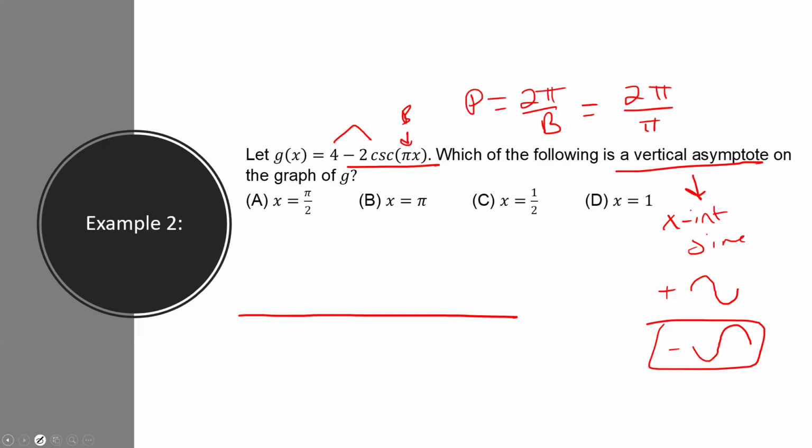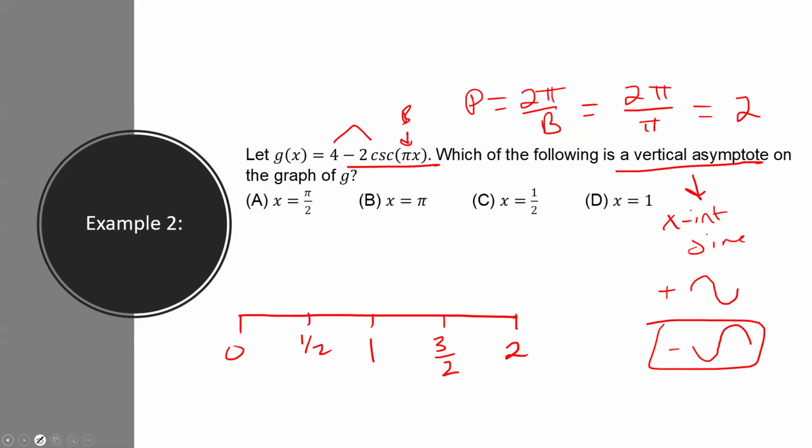So what is our period? 2. Our period is 2. So we're going from 0 to 2. We divide into quarters. What's half of 2? 1. What's half of 1? 1 half. 1 half plus 1 makes 3 halves.